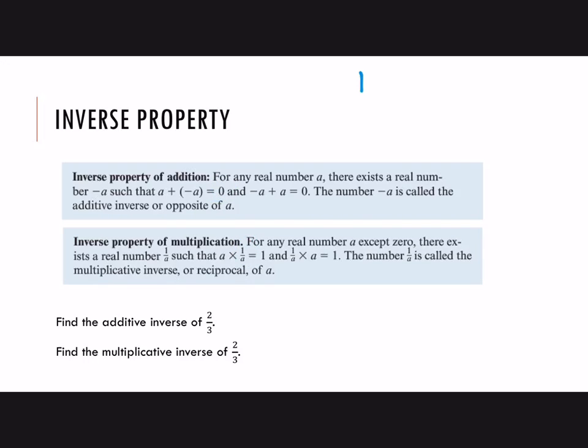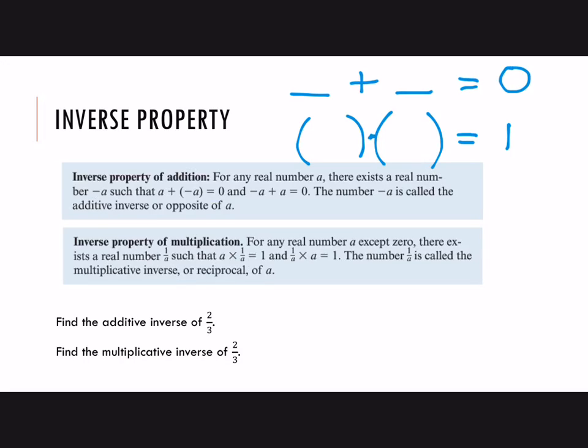For addition, we want to find a way to combine numbers to get the identity element, and for multiplication, we want to multiply numbers to get the identity, which is 1. So we're first of all guaranteed that every real number has one of these.